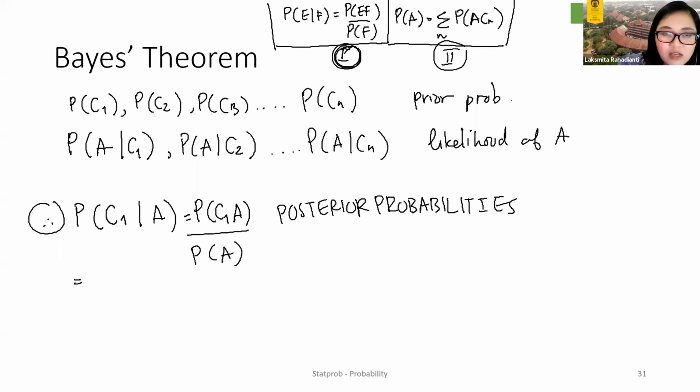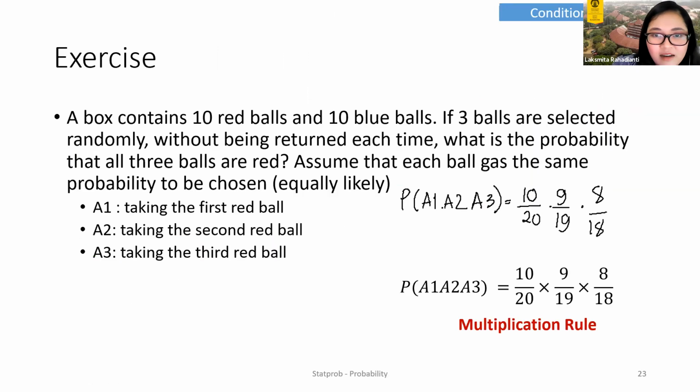This is based on the conditional probability rule on top. Next, P(C1 ∩ A), I can compute as P(C1 given A) times P(A), but I don't know this.